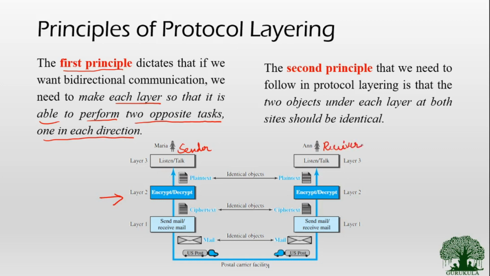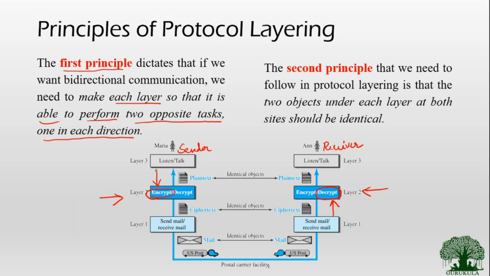The email will be sent from Maria's system and received on Anne's system. When the message is communicating from the sender side, this layer performs the encryption operation. Consider the same layer again over here: when the email is entering in this direction, it will perform the decrypt operation. So the same layer is performing two opposite tasks, one in each direction.